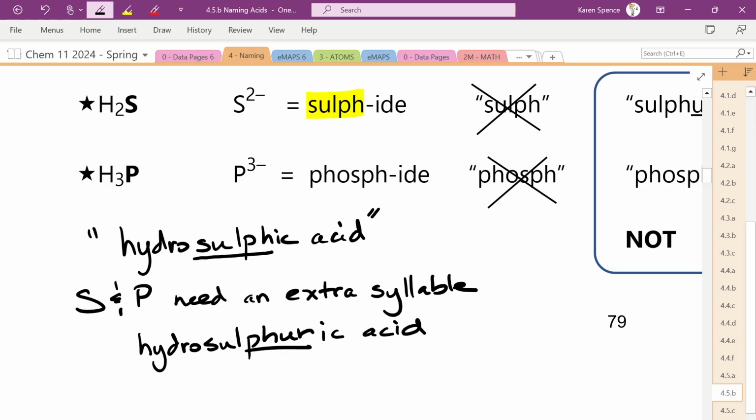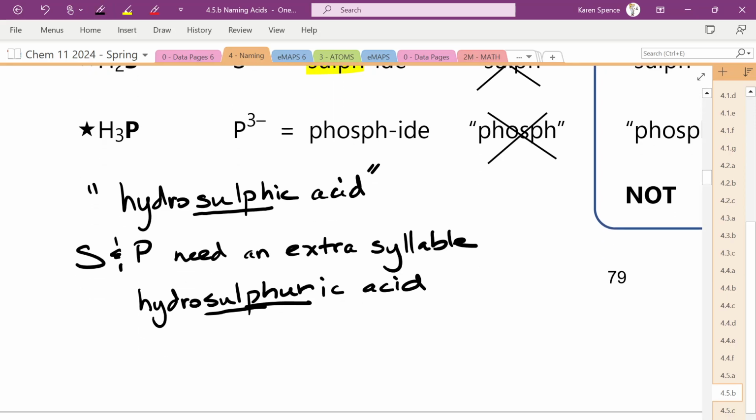So you basically just write the word sulfur in the middle of the acid name, okay? This would be H2S.